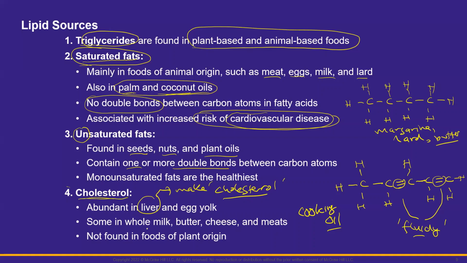In the diet, for example, whole milk, butter, cheese, and meat have cholesterol. Cholesterol is not found in food of plant origin. So there will be no cholesterol in cooking oil made from plants, like olive oil, for example.